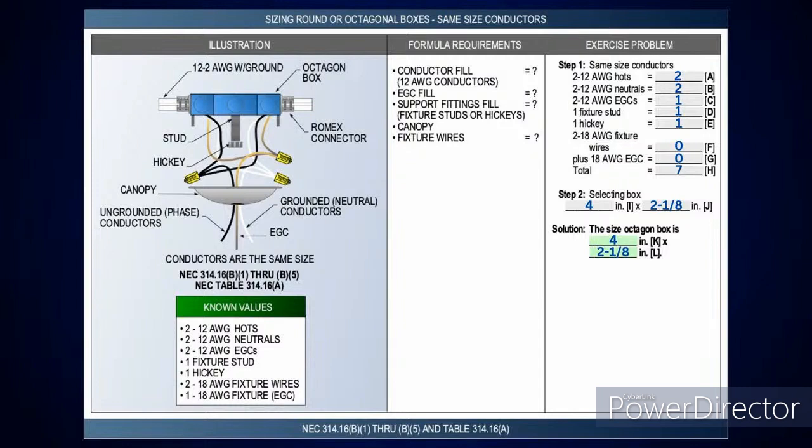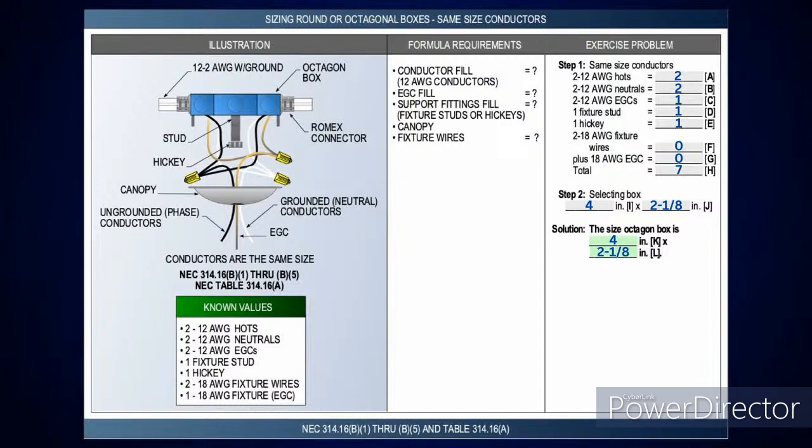So you're going to see here we got number 18 wires for our fixture wires, so we're not going to count that, because we do have the canopy. That's over in 314.16(B)(1) exception where you're going to pick that up. But now I've got two number 12s coming in, two number 12 ground and neutral conductors. I have 2 equipment grounds, so I don't have more than 4, so I got to count at least one. I have a fixture stud and hickey. I got to count one for each one of those.